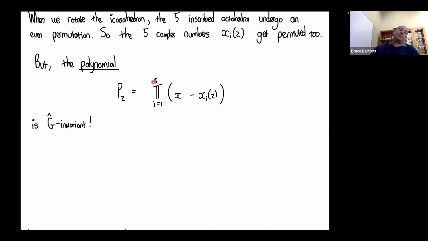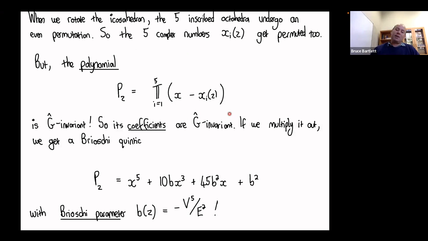But the polynomial, which is formed by taking the product of x minus x1, x minus x2, and so on, is going to be invariant, because the only thing that's going to happen is that when I rotate the icosahedron, these factors are going to permute. If I multiply out all the factors, I get an invariant quantity. So the polynomial is G-hat invariant. If you've got an invariant polynomial, that means that each of its coefficients is G-hat invariant.